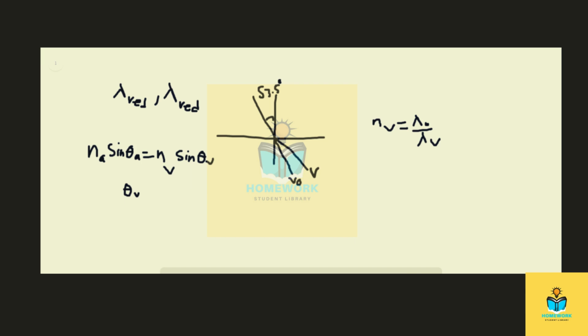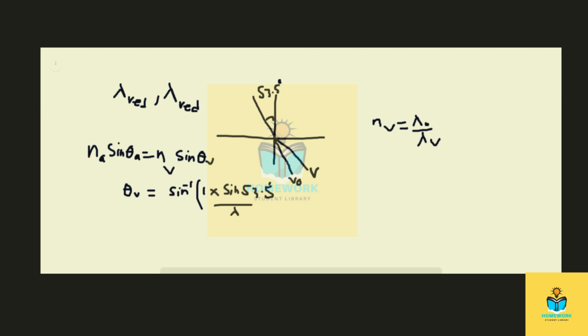After plugging that value in, our theta V becomes sine inverse of 1 times sine of 53.5 degrees, the incident angle, over the refractive index NV.